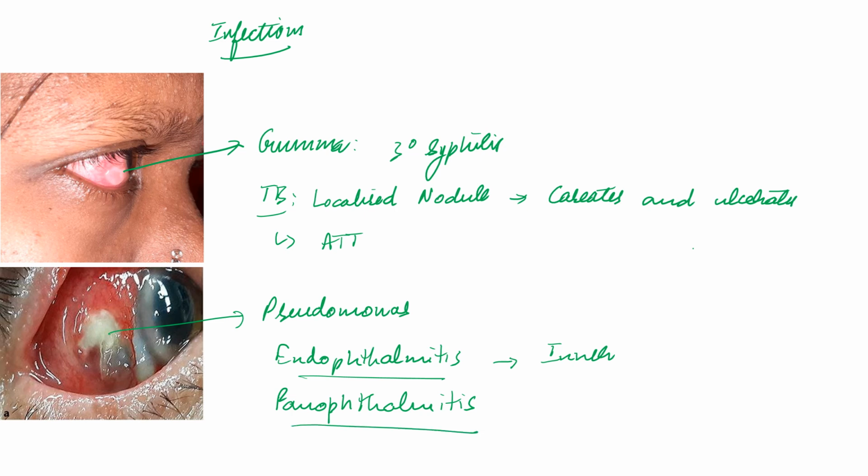However, panophthalmitis is infection and inflammation of all the coats of the eyeball. In panophthalmitis, sclera is involved. So, in panophthalmitis, there will be painful eye movements. How do you treat a case of panophthalmitis? We give high doses of intravenous broad spectrum antibiotics.